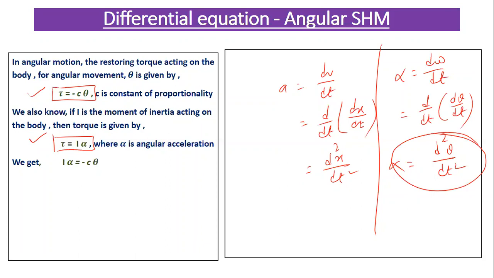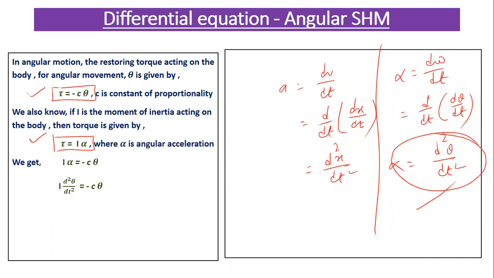Now let me try to simplify it using that. So alpha is equal to d square theta by dt square, and I times this is equal to minus C into theta.